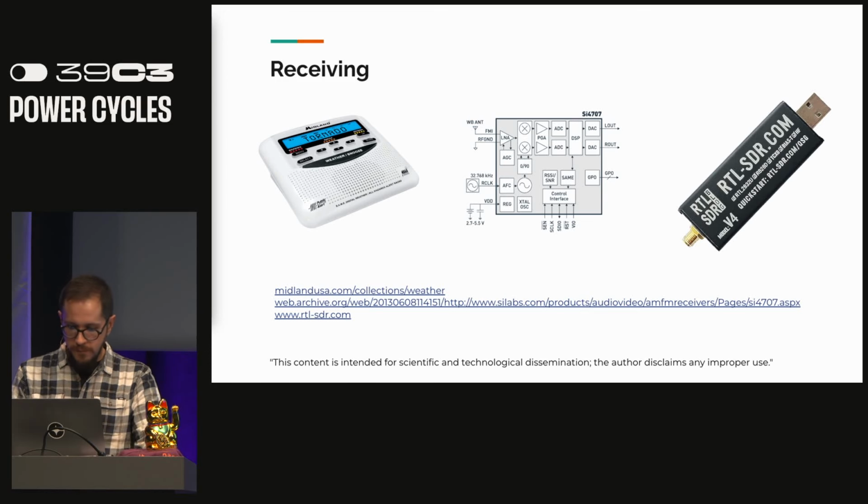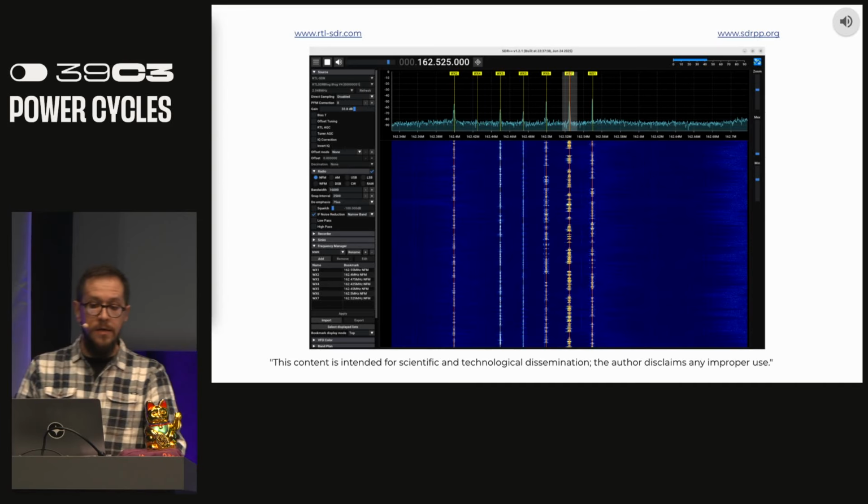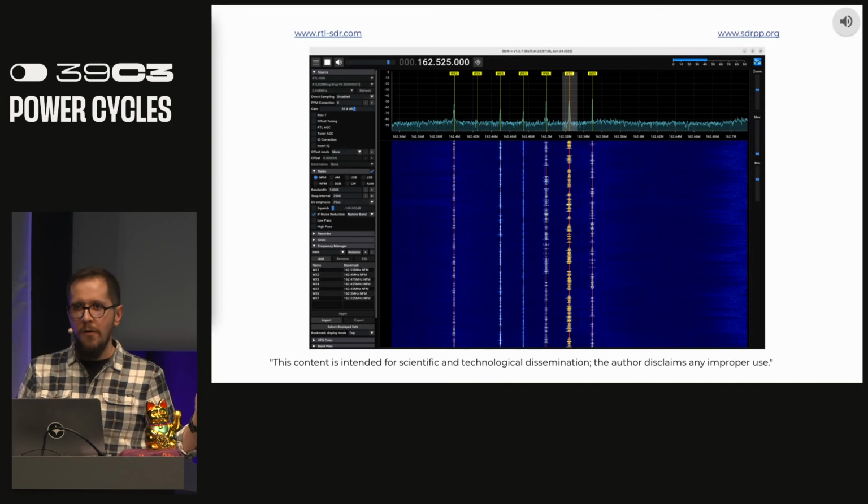is enough. So here is the view on SDR++ tuned to one of these channels. You can see that the bandwidth of the RTL-SDR is enough to see all the channels that are transmitting.